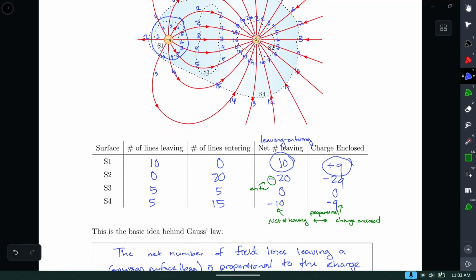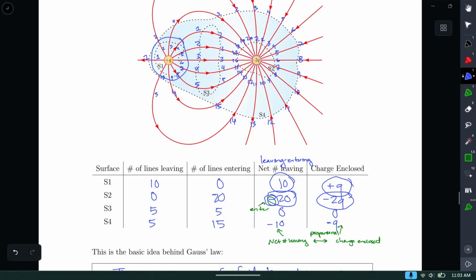But when I looked at a bag that had twice as many lines and they were all sticking in, I found a charge inside that bag that was twice as big and negative. When I looked at a bag that wasn't catching any net number of field lines, there were just as many entering as leaving it, I didn't find any charge inside that bag.